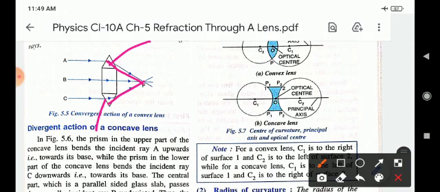Therefore, the prism in the upper part of the convex lens bends the incident ray A downwards, while the prism in the lower part of the convex lens bends the incident ray C upwards.